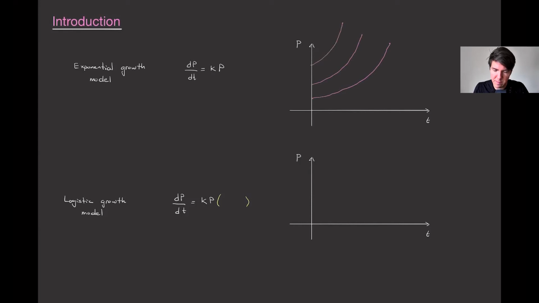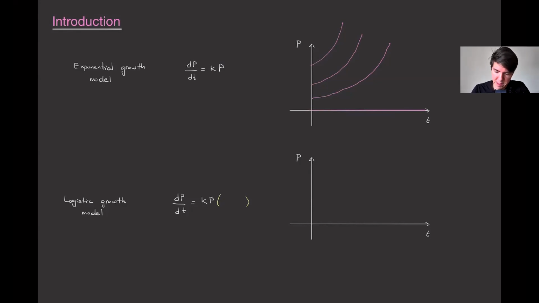So these are a few different exponential growth curves depending on where you might start with the initial population. If you start with no population, since we're taking K times P, K times 0 would be 0. So if you had no population, you would just remain at no population, which makes sense. That's what we would want.